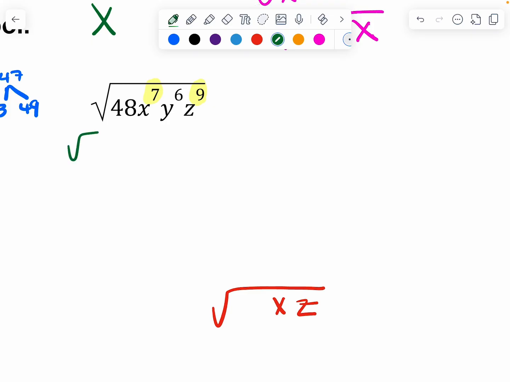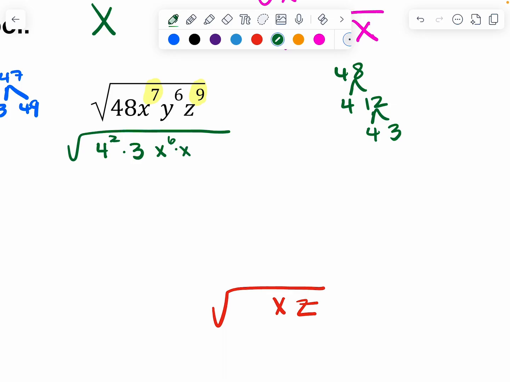So now I have 48, and I'm going to go ahead, 48, 4 goes into that, 1, 2, 4 goes into that 3 times. Oh, look at that, 4 squared times 3, x to the 6th times x, because remember, you have to get an even exponent, y to the 6th, z to the 8th times z.